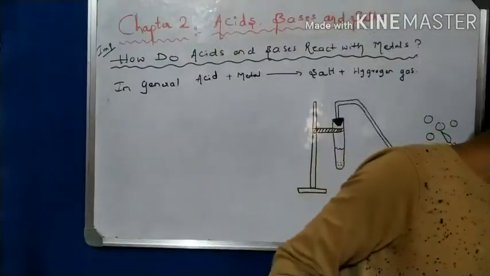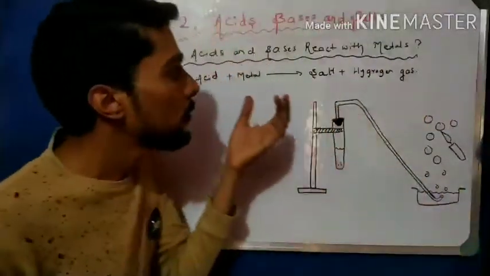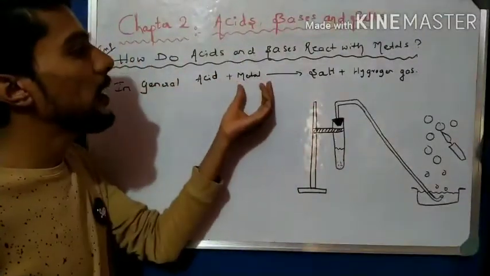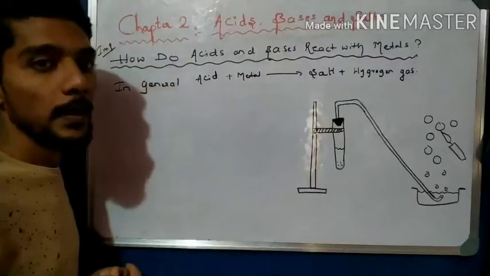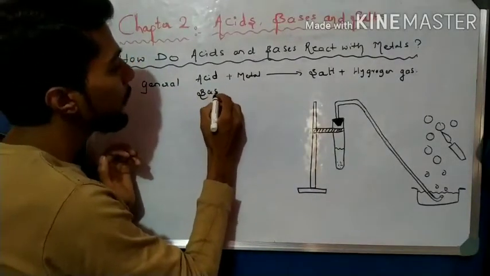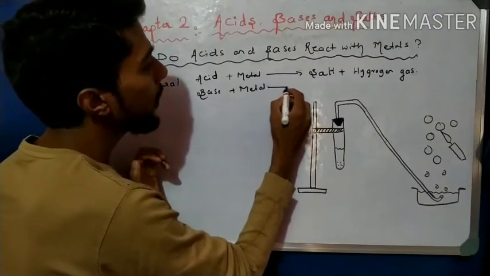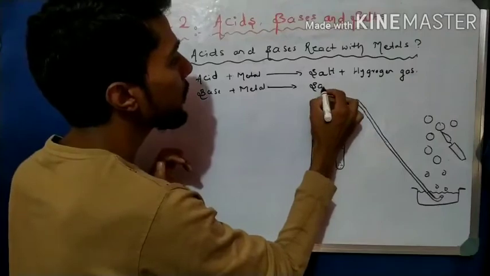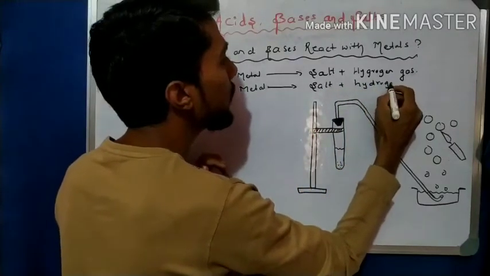Right. So this is the first property of acid: acids with metal give salt and hydrogen gas. In the same way, when a base reacts with metals, we observe the same process: salt plus hydrogen gas.